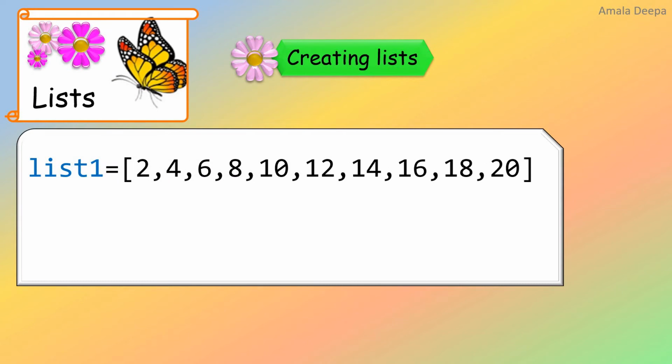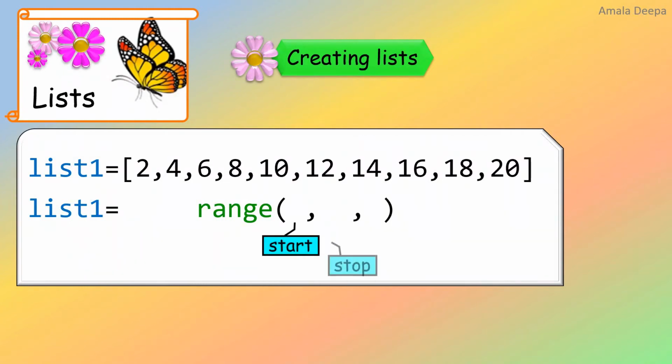Okay, let us see another example. Now I want to generate a list of even numbers from 2 to 20. 2, 4, 6, 8, 10, 12, 14, 16, 18, 20. The way by which I should do is take list1 is equal to, on the right hand side take the range function, fill the start, stop and step parameters.